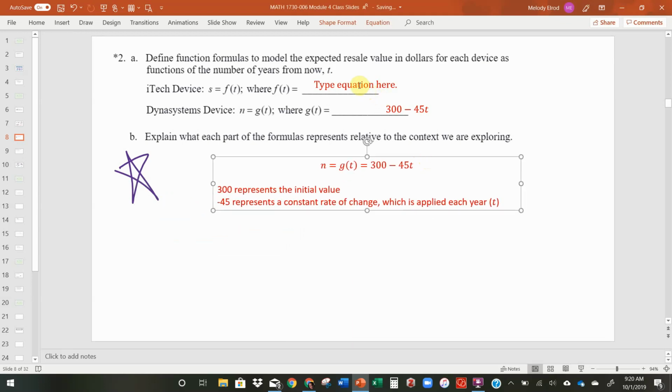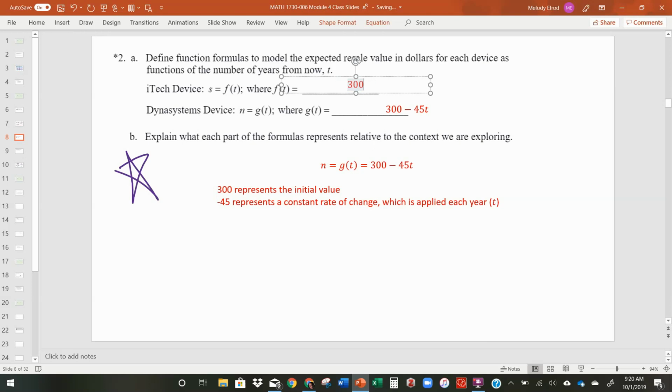On the other hand, if we tried to build f of t in the same way, if we were to, for example, say 300 minus 90t, because 90 is what we lost in the first year, that would create a linear model that was much steeper than the Dynasystems model. And we know that's not true. We know that that model needs to lose less and less value every year. So we have to consider, what did we do to the 300 to get to that second year price?